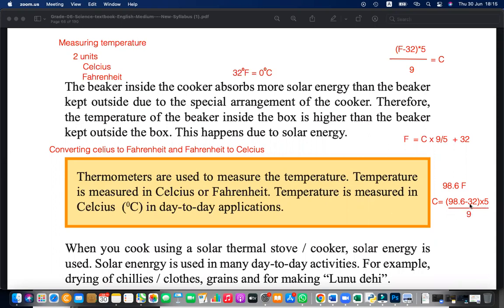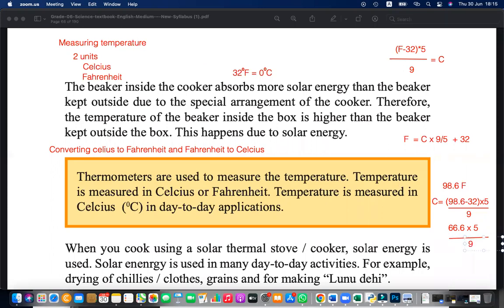Okay, 98.6 minus 32 is 66.6. Then 66.6 multiplied by 5, and you still have to divide that by 9.